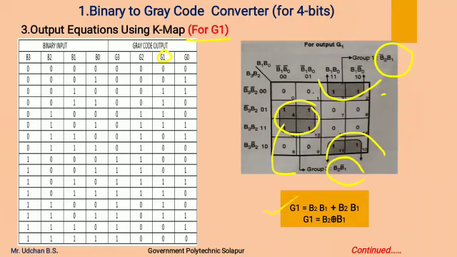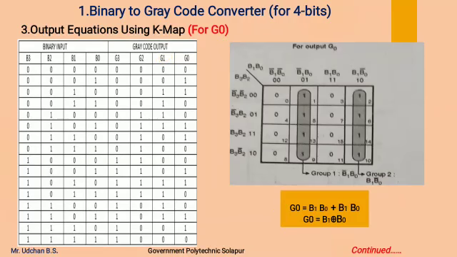So for the G1 variable we get the equation as B2 B1 bar and B2 bar B1. Again this equation seems like an equation of an XOR gate, so the G1 equation is written as B2 XOR B1.